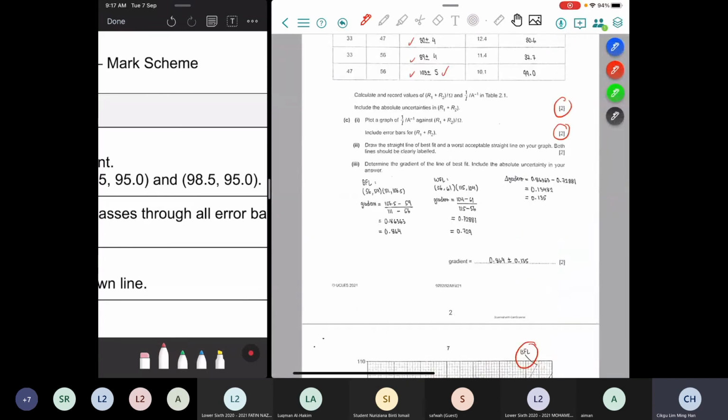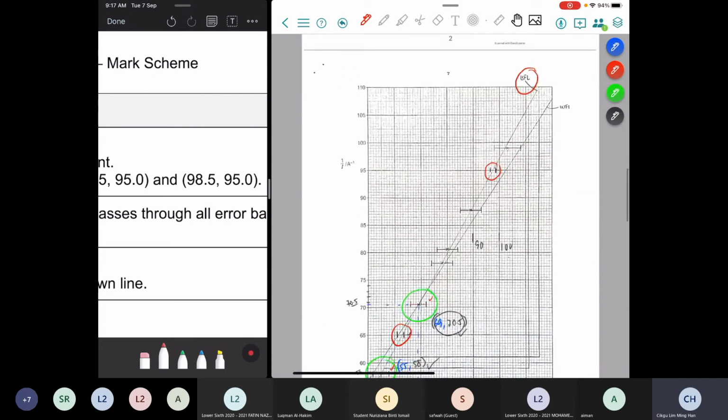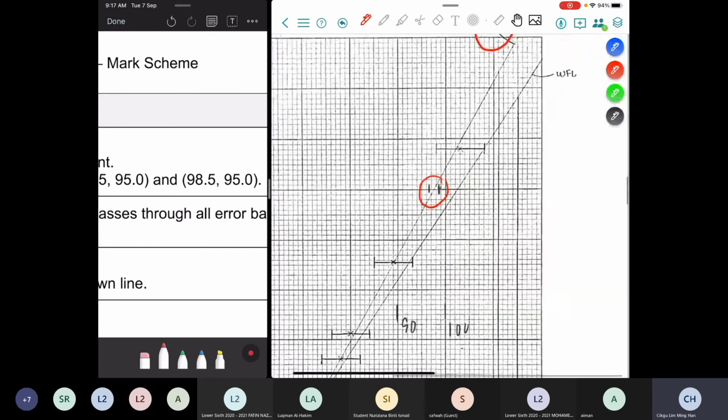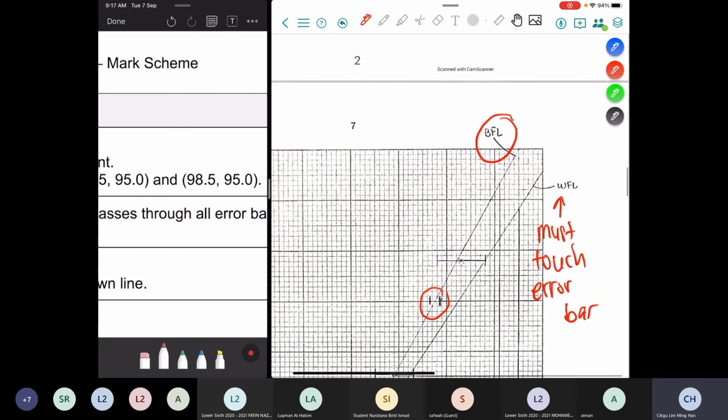Oh wait, 2 marks, yeah, 2 marks. Wait, worst fit line also. So the worst fit line, let me have a double check. Remember this worst fit line, let me write down here, must touch the error bar. No matter whether it is the best fit line or the worst fit line, they must touch the error bar.